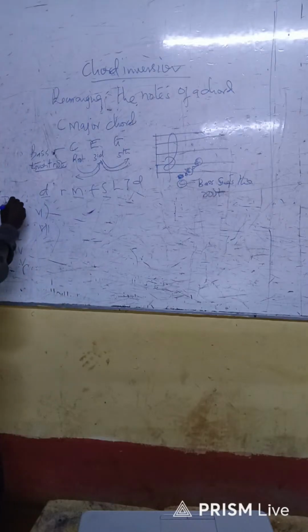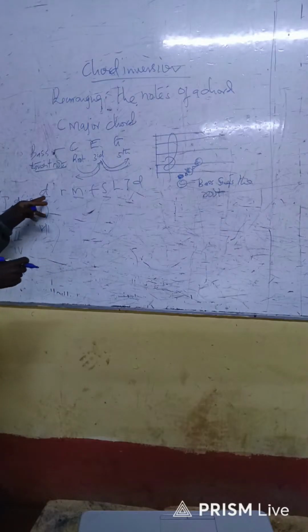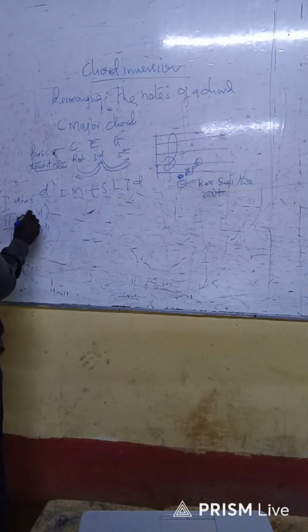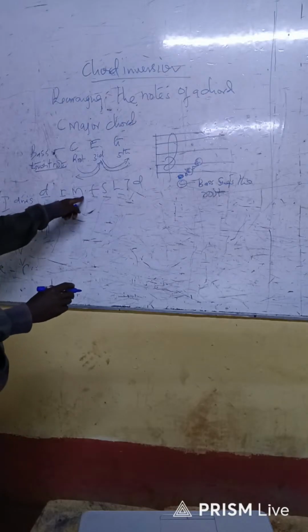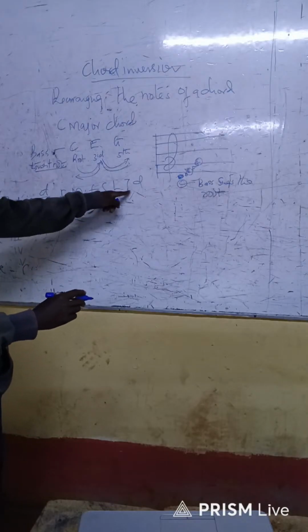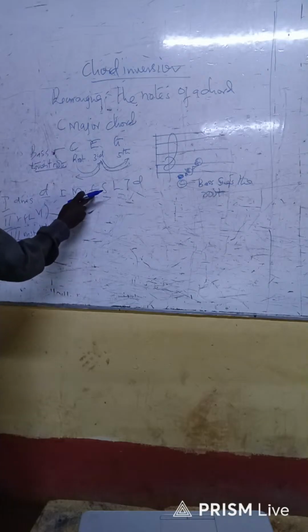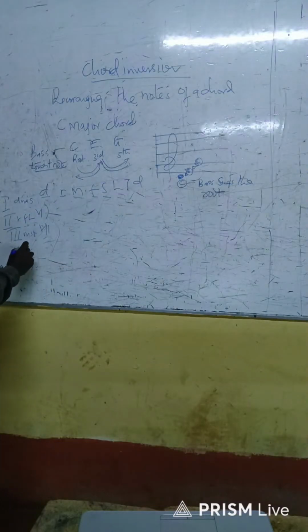We get do, mi, so. That is the first chord. Then we go to the second note, re, fa, la. Then we go to mi, so, ti. Then fa, la, do.